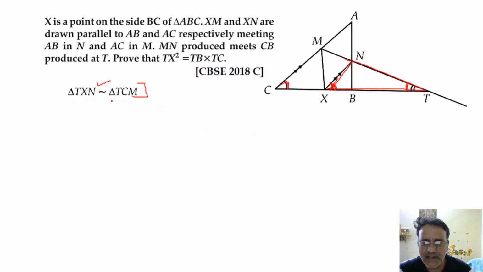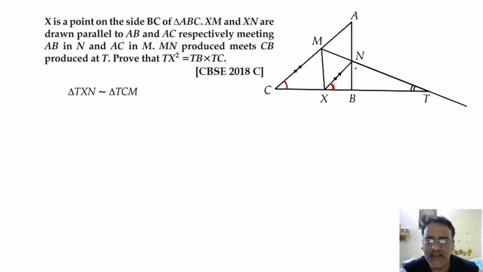Now if these two triangles are similar, their corresponding sides are proportional. Now how to identify the corresponding sides? First, for TXN, tell me the side opposite to this angle. What is the side opposite to this angle? NT. Okay, so I call it TN. And for this full triangle, TM.